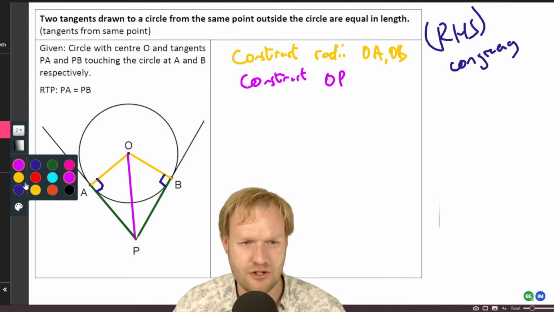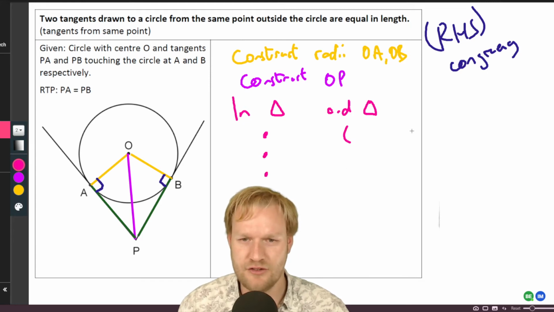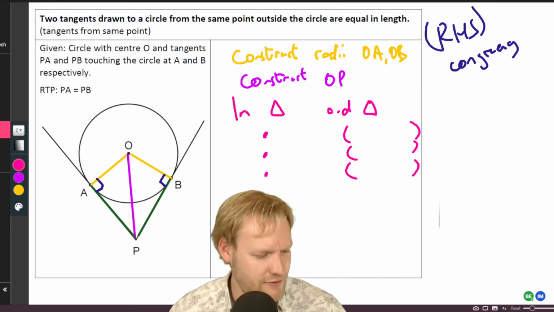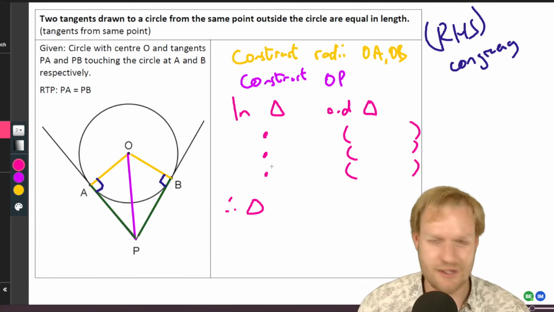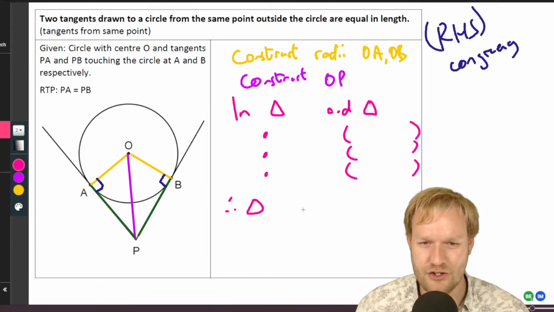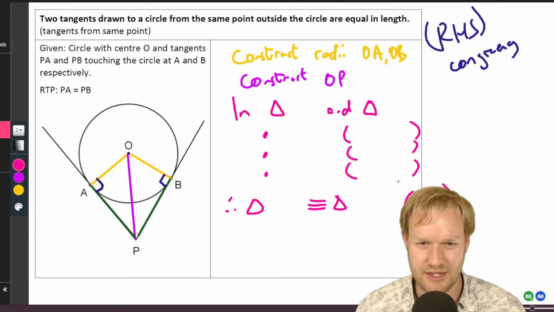Then to show our congruency, we have in triangle one and triangle two, we're going to show three things. For each of those things, we are going to give a reason, and we're going to sum up by saying therefore, one triangle is congruent to the other, and we already know that we're going to push for right angle hypotenuse side.